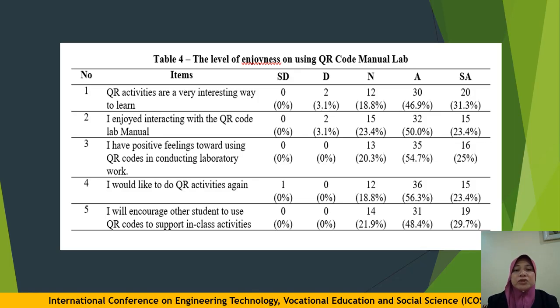The level of enjoyment on using the QR code lab manual: QR activities are very interesting, which contributes 46.9%. And also the rest of the items: students enjoy interacting with QR code, have a positive feeling, would like to do QR again, and would like to encourage other students to use it to support class activity.